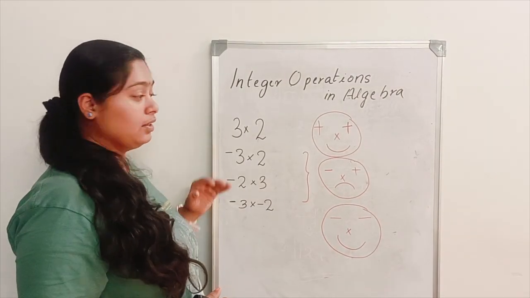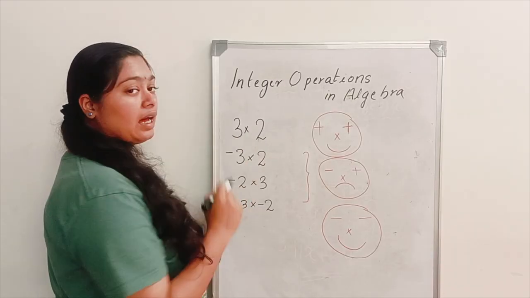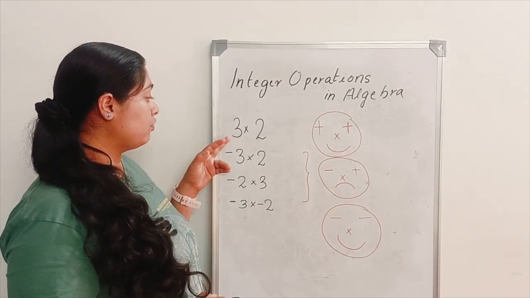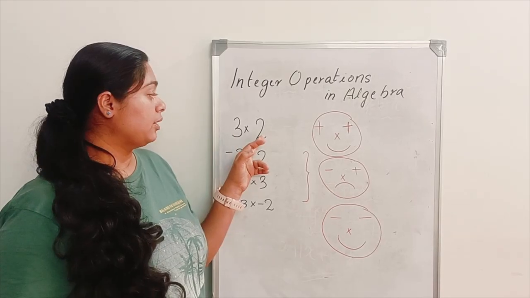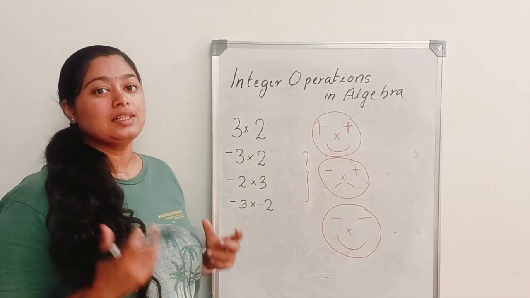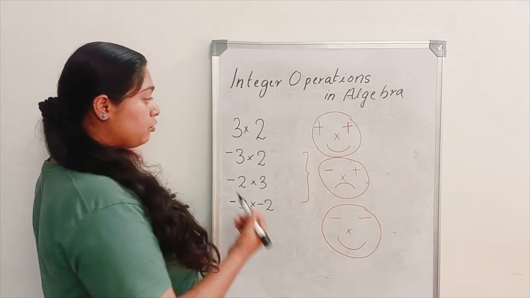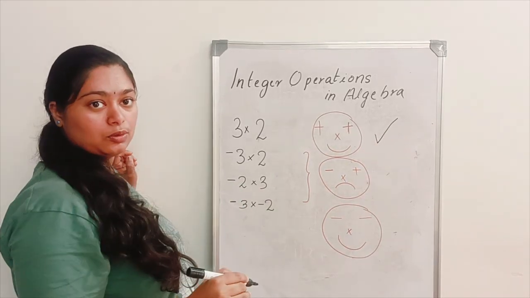So to start with, I'm starting with multiplication. I have taken integers 3 and 2 and the first question is positive 3 multiplied by a positive 2. Two positive numbers multiplied. For that, you can refer to this first emoji just to remember the rule.